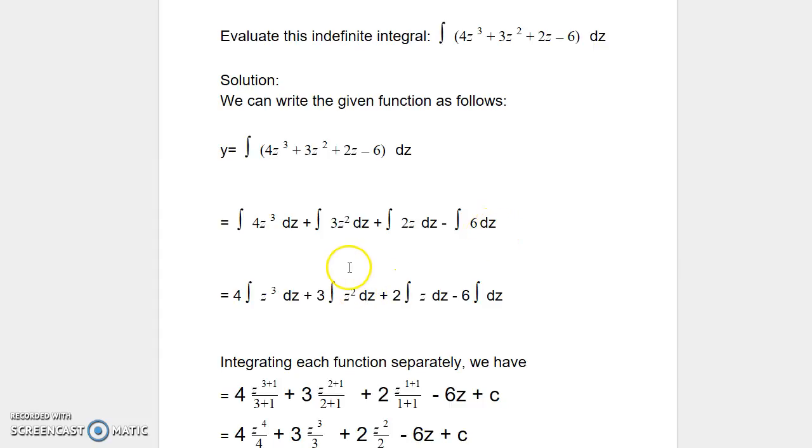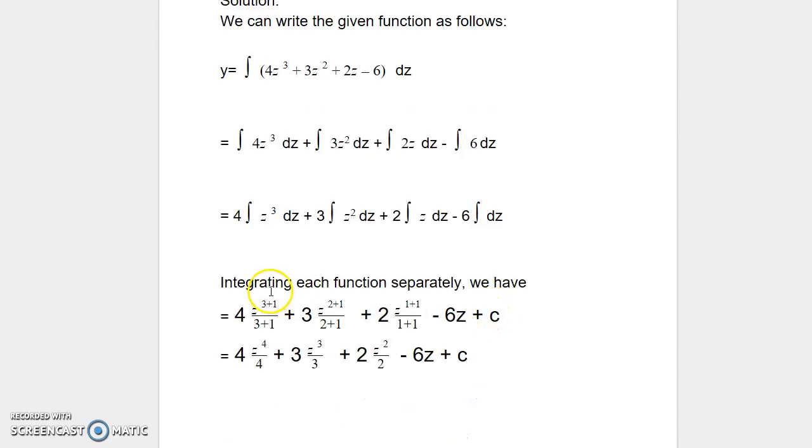So now if we see any constant terms, we can take them outside of the integration process. So we can rewrite this step as follows: 4 integral z cubed dz plus 3 integral z squared dz plus 2 integral z dz minus 6 integral dz.